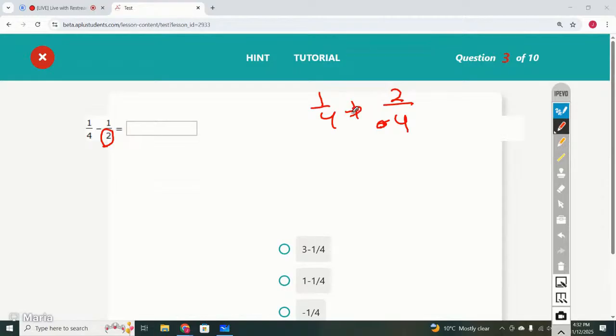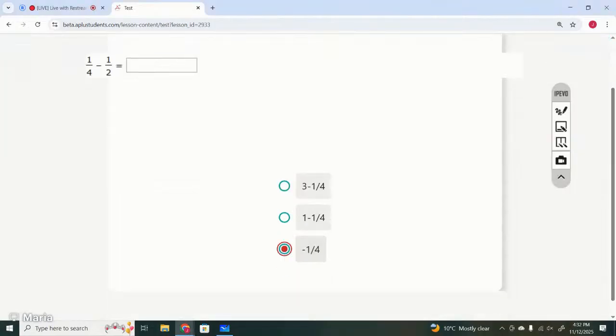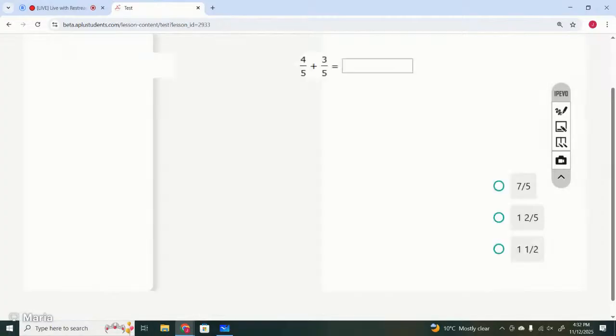So we cannot subtract 1 out of 2 because we cannot subtract a smaller denominator out of the greater one, right? That would be negative 1 by 4. Option number 3 is the correct option.